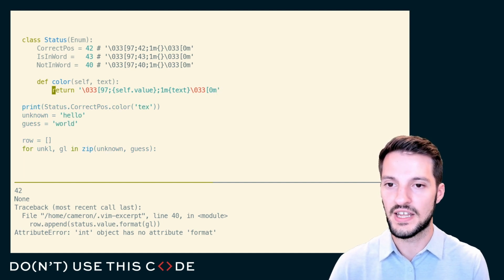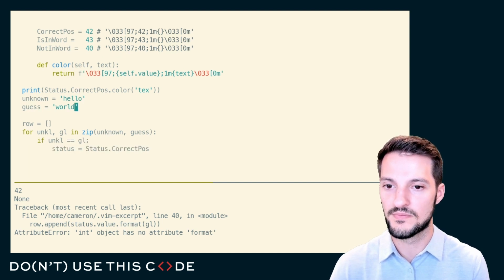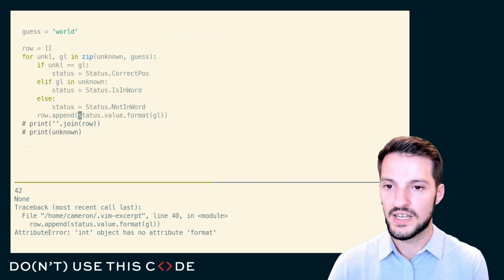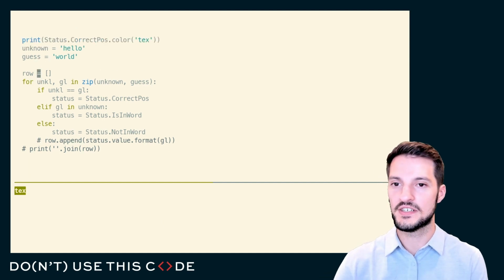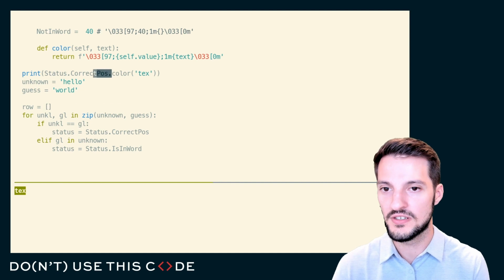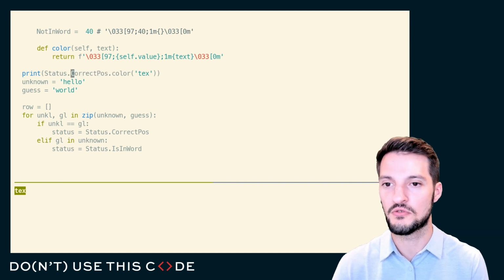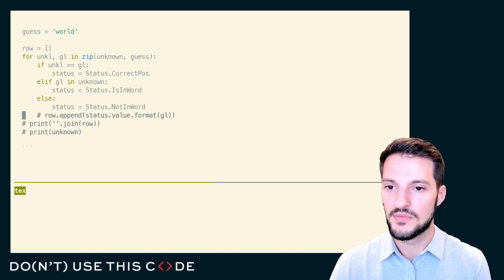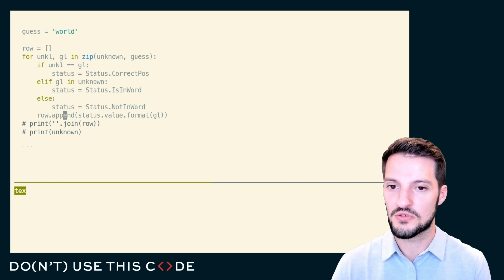And we'll make this an F string so that it renders correctly. Let's go ahead and write that out. And you see when I pass text to the correctPosition.color, it all comes out green.